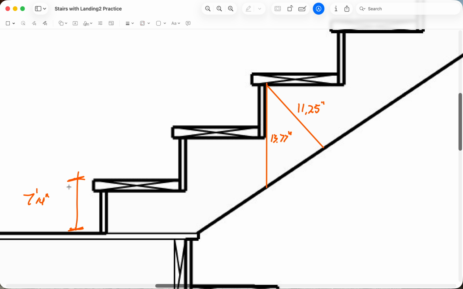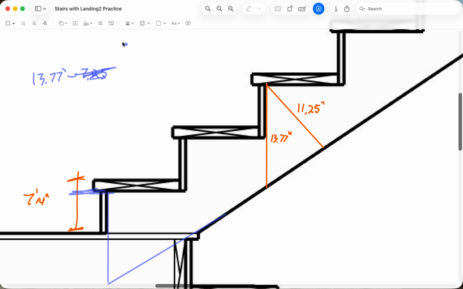So what we know is that's already 7 1/4. So what we can do is go 13.77 inches minus 7.25. Oh, sorry, we can't go 7.25 because we don't actually want to know the height to the top of the tread. We want to know it to the underside of the tread.